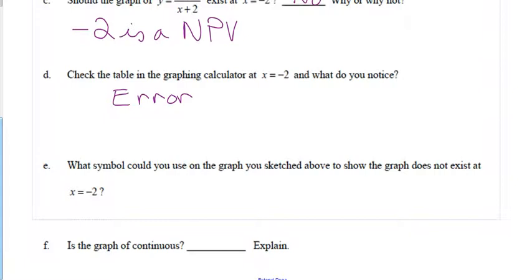What symbol could you use on the graph you sketched above to show the graph does not exist at negative 2? The same one that the decimals people use: an open circle at that point. So as we traced along that graph, we saw it go from a solid dot to an open circle, to say, hey, at this point, it's undefined.